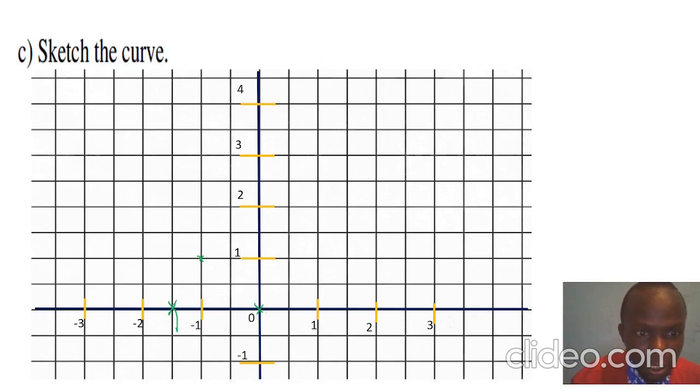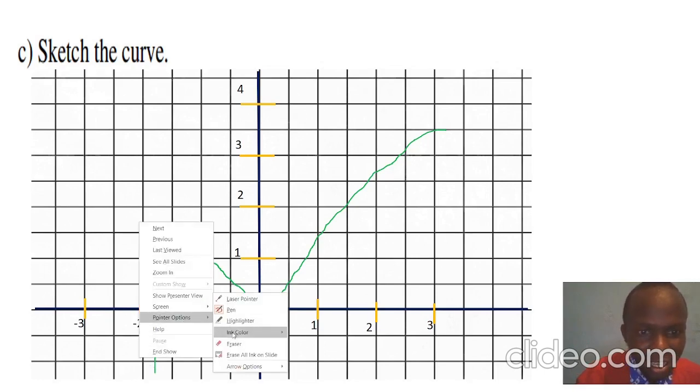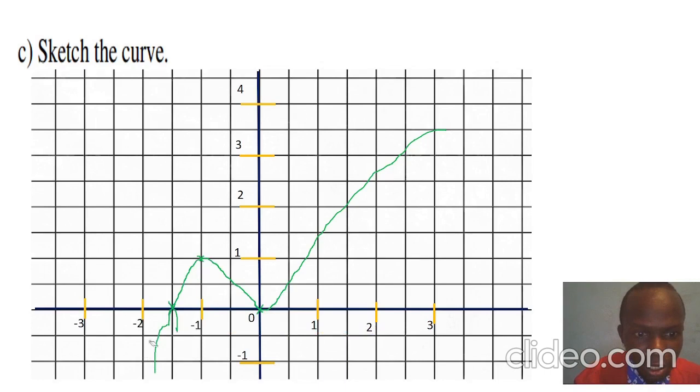So let us connect that. It is curving that way, and since 0, 0 is our minima, it's going to curve that way.